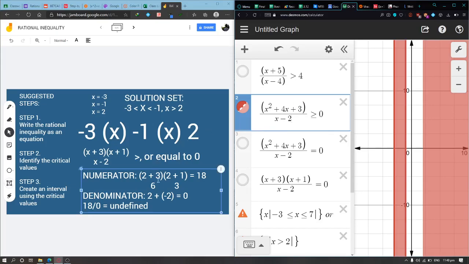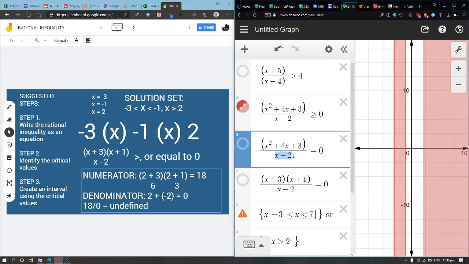You cannot satisfy the equation because your denominator will be 0. It is okay for the numerator to be 0, just not the denominator. So that's it for our rational inequality.